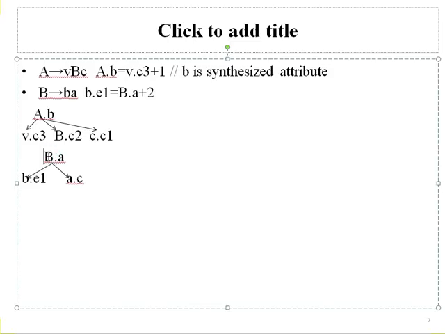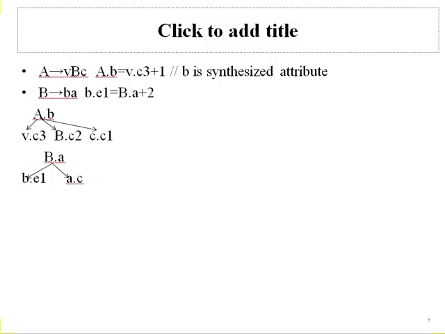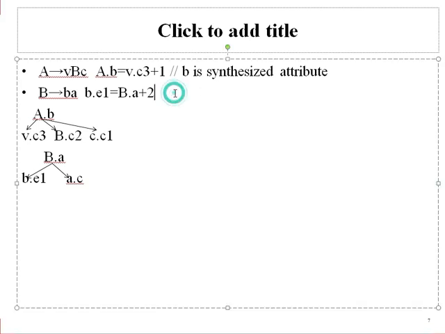So it is inherited from the B attribute, which is the parent. So here, because of this, we can say the attribute E1 is an inherited attribute.